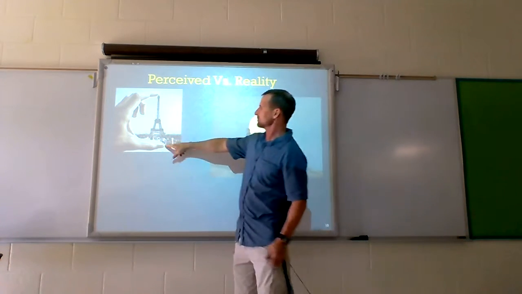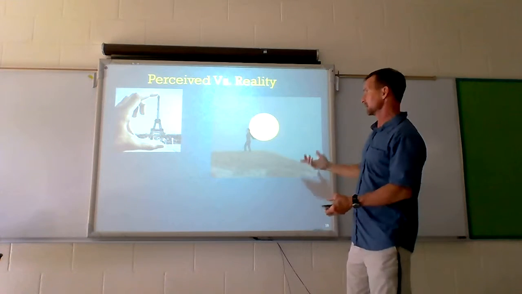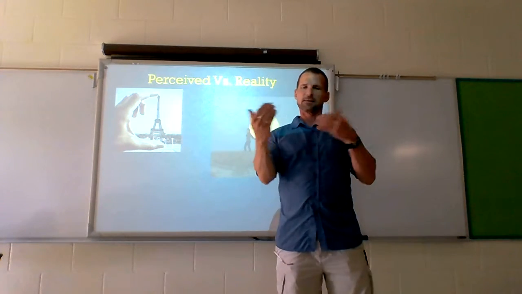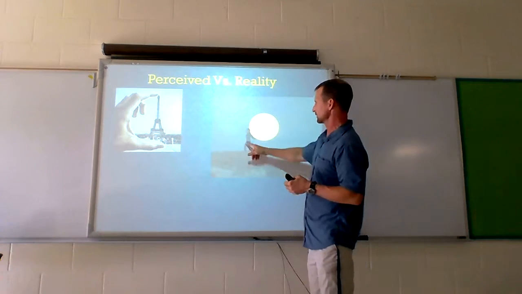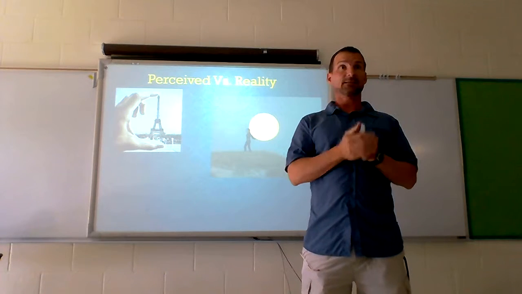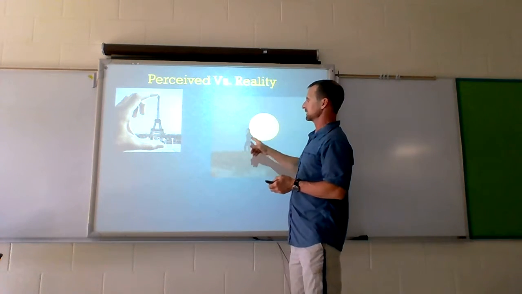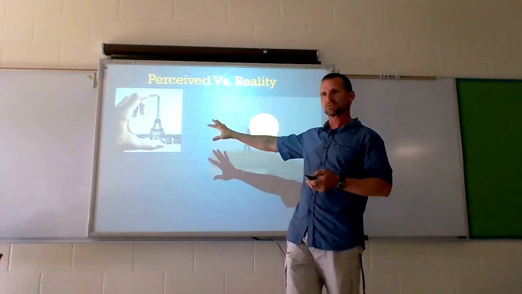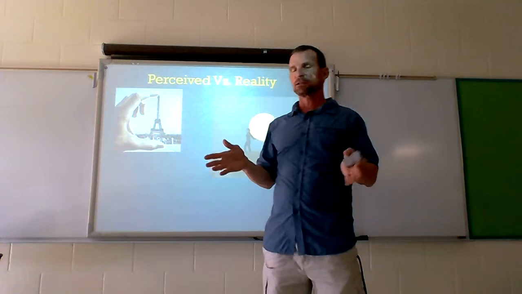In other words, this person's not pinching the Eiffel Tower, this person's not holding up the moon, but it appears to be because you put the position of the object and the two subjects and got them in focus. The human eye sees that and perceives reality to be different than it is. This can cause some situational problems because of the limited vision in the UAV.